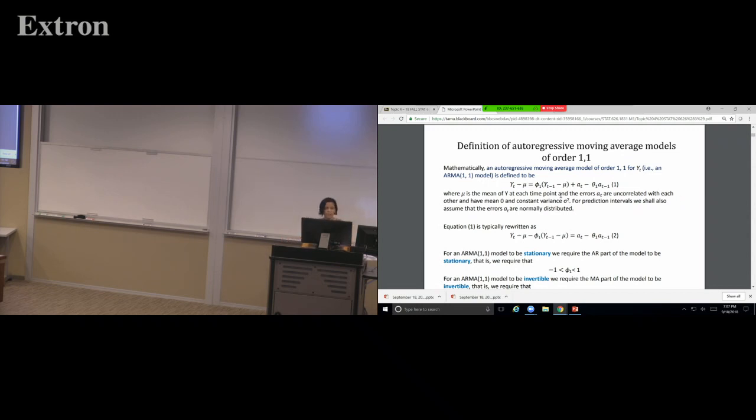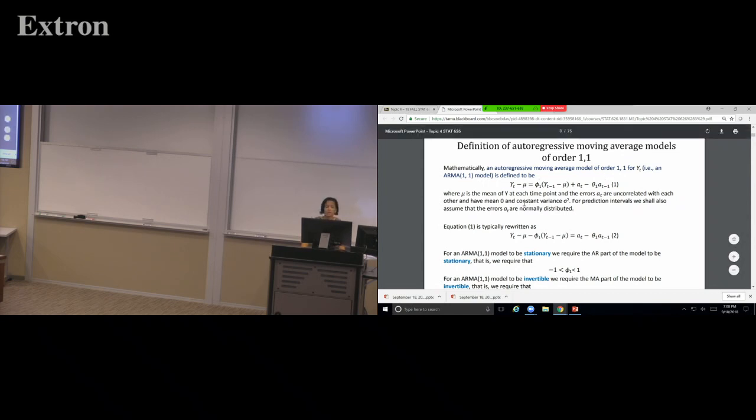If you take a look at the mathematical definition, you'll see that it looks like a compilation of autoregressive and moving average together. So here, y_t minus mu is equal to phi1 times y_(t-1) minus mu, plus a_t minus theta1 times a_(t-1).